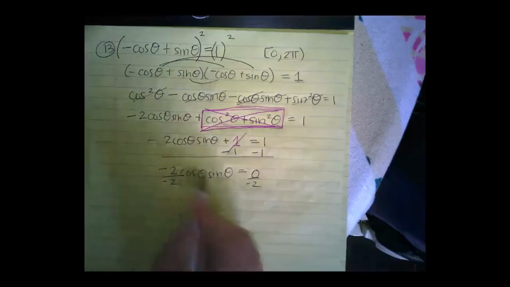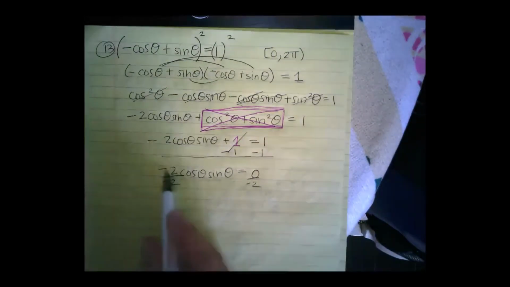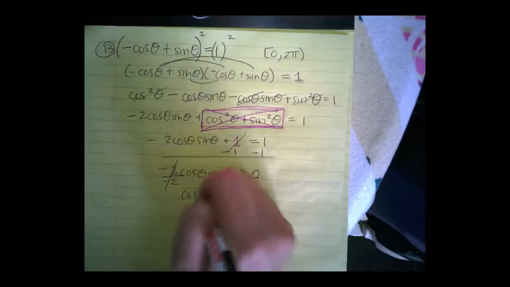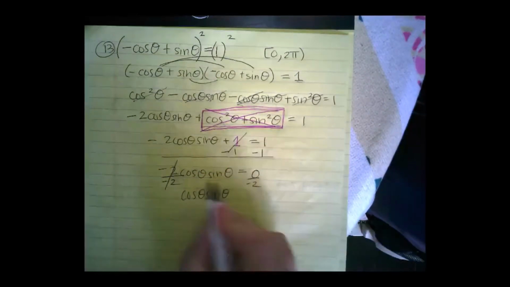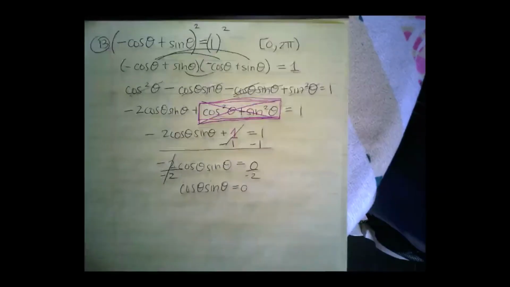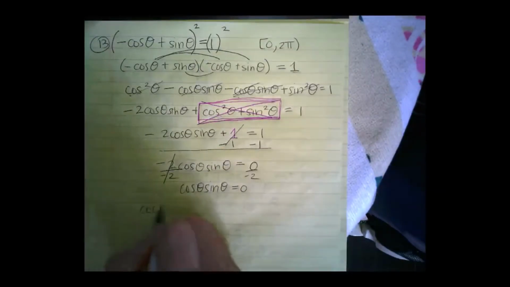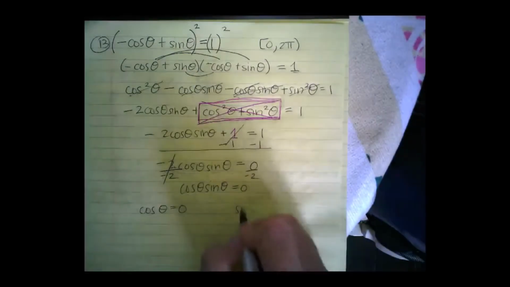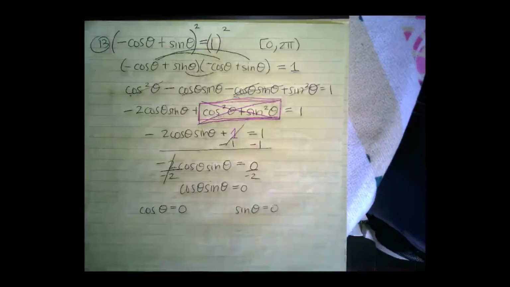I'm allowed to do that. It's not inside a parenthesis; everything's being multiplied. Now I have cosine times sine has to equal 0. I'm going to apply the zero product property. The cosine of theta has to equal 0, or the sine of theta has to equal 0.